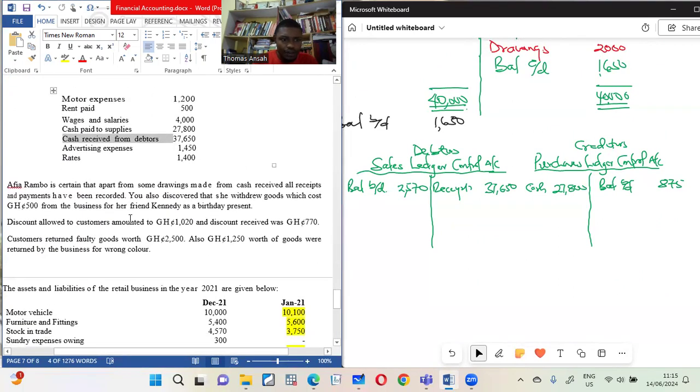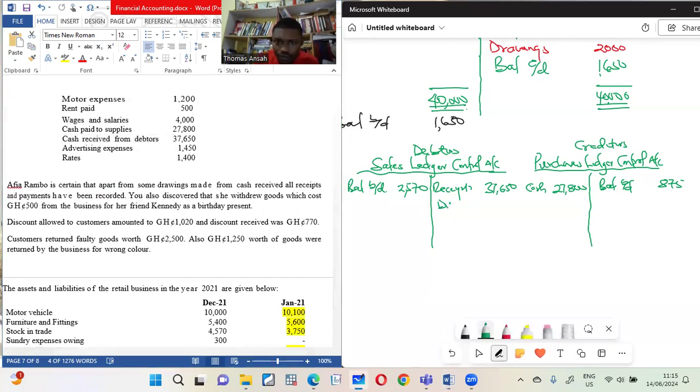And discount allowed. So here we have discount allowed. How much is the discount allowed to customers? 1,020. All right. Then the discount received for this one was 770. All right. So that is that.